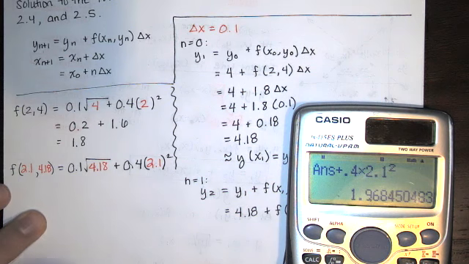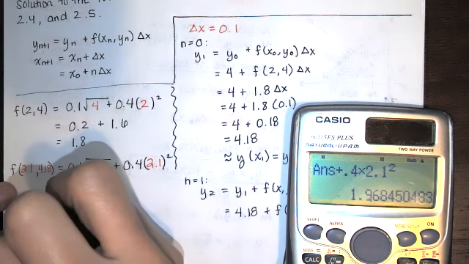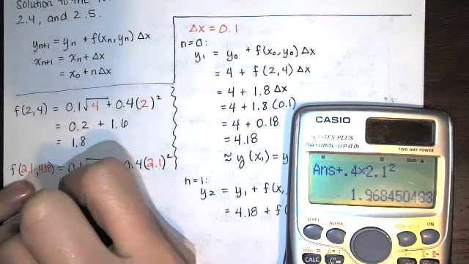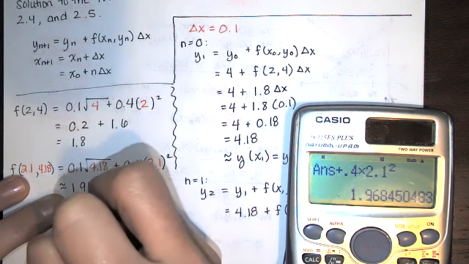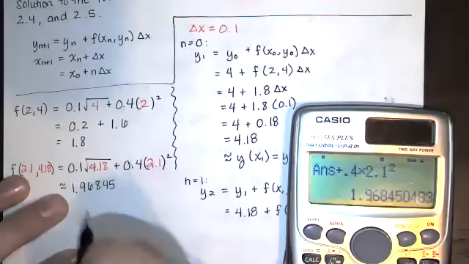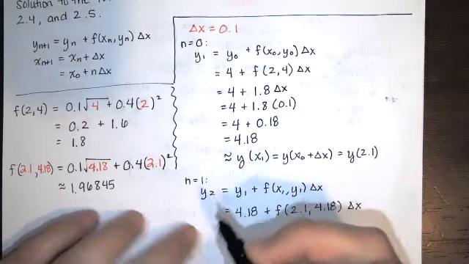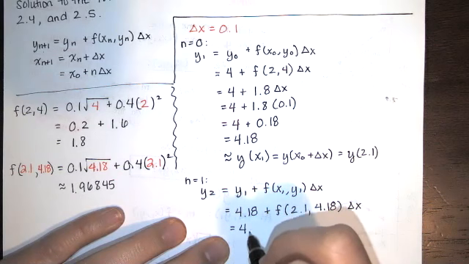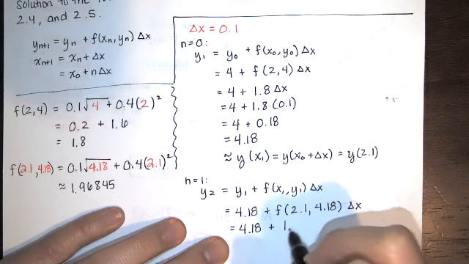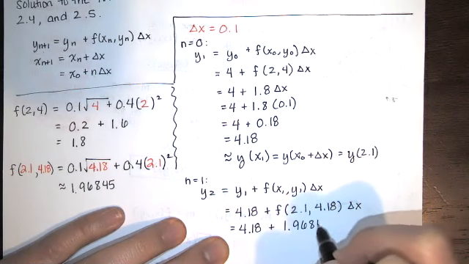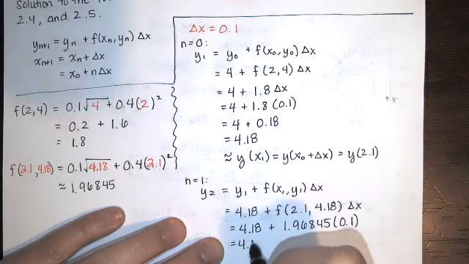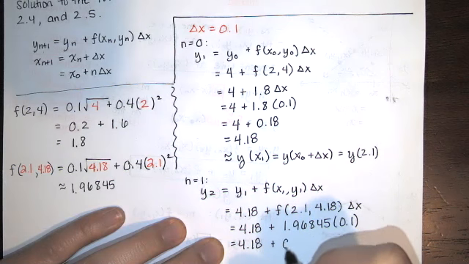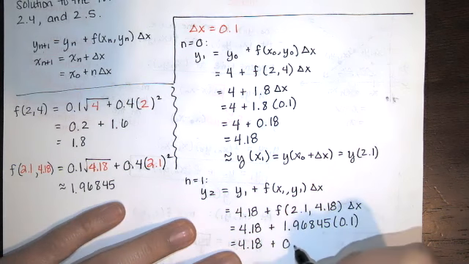And I get this decimal, and I will go out to the 5th decimal place. This is 1.96845 approximately. And we're multiplying that by 0.1, not 0.01.